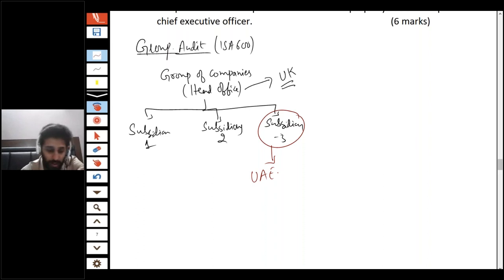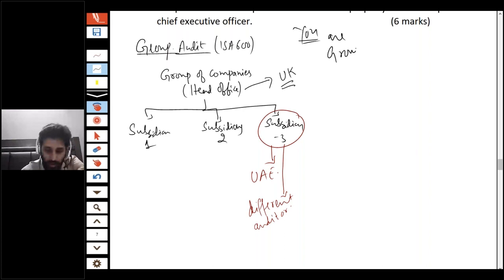It quite may be possible that a subsidiary might have a different audit firm, a different auditor, and you are the group auditor.